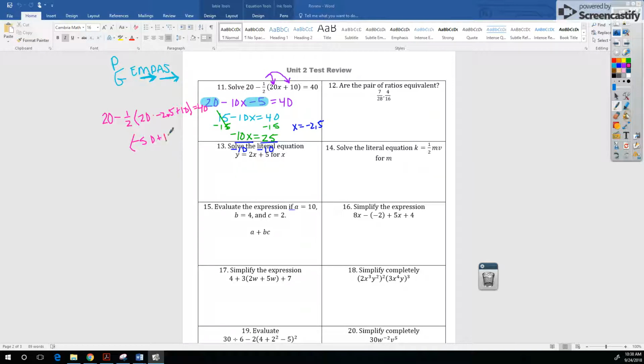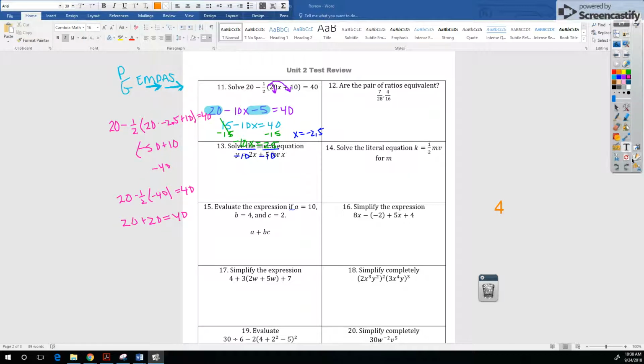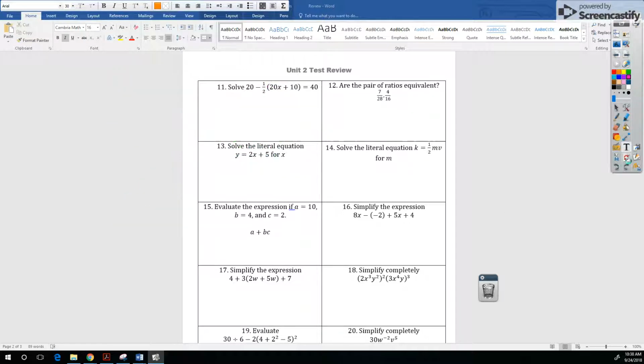Plus 10 is negative 40. So I have 20, and then we have negative half of negative 40 should equal 40. Negative half of negative 40 is 20. And 20 plus 20 is 40. It works. Oopsies. What's that random 4 doing over there?